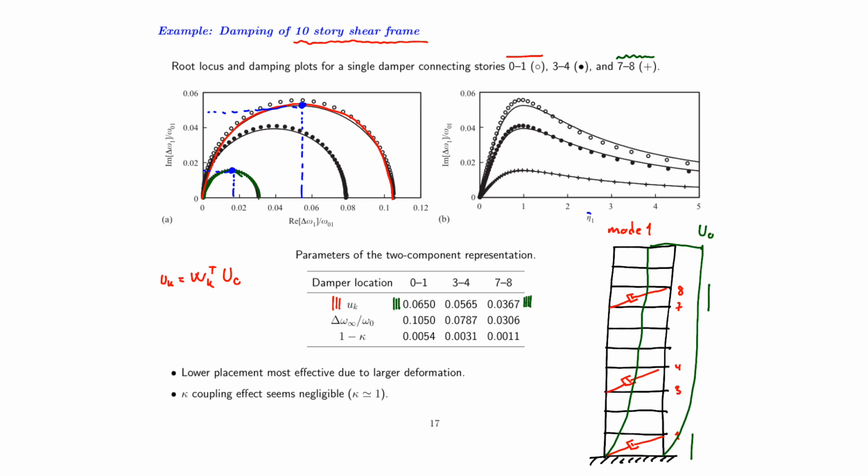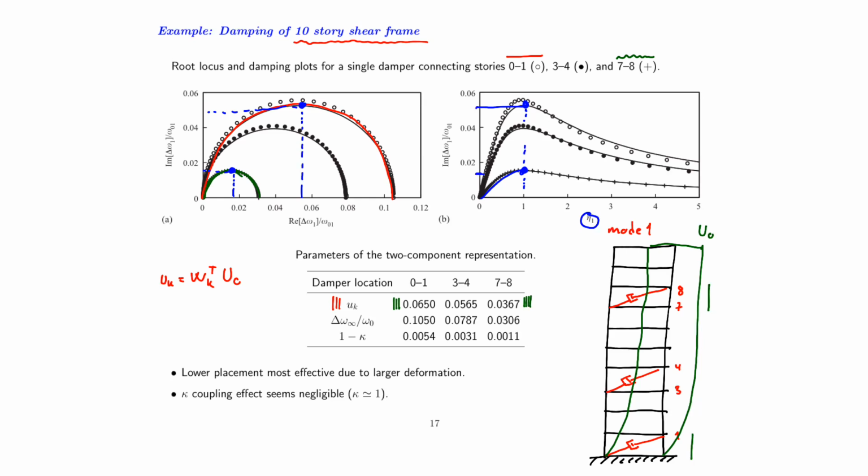And that is also seen when we multiply our eta 1 value. For the 7,8 location, we have the maximum exactly at eta equal to 1. And of course, it's also equal to 1 for the 0 to 1 location, but again, we have a much larger imaginary part, actually damping ratio, compared to the upper location.